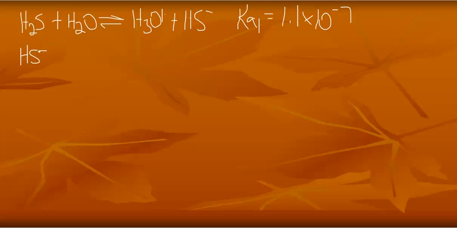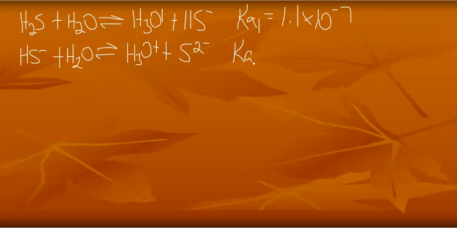That HS minus can further react with water to give me H3O plus sulfide. My Ka2 value for this acid is 1 times 10 to the negative 14th. So we can control the sulfide with hydronium.